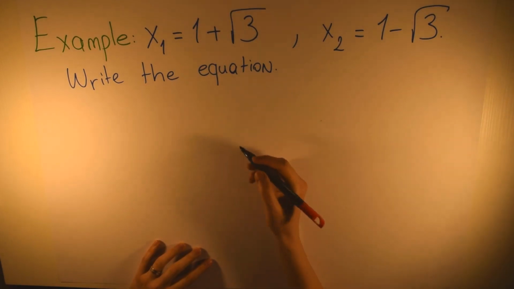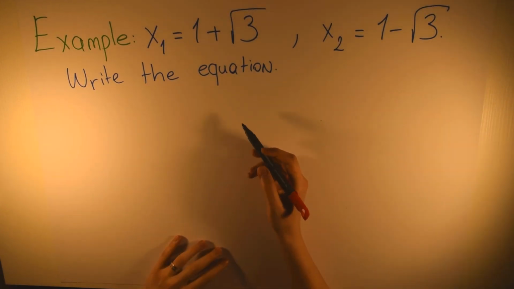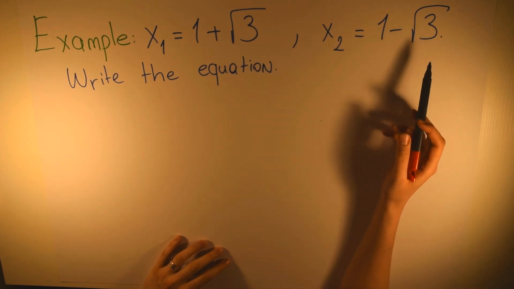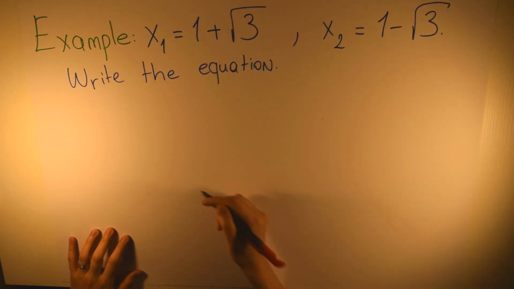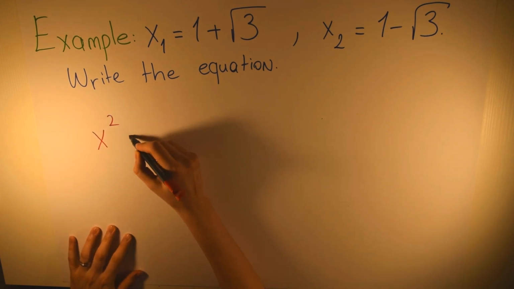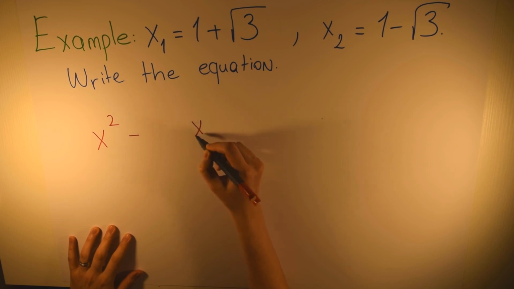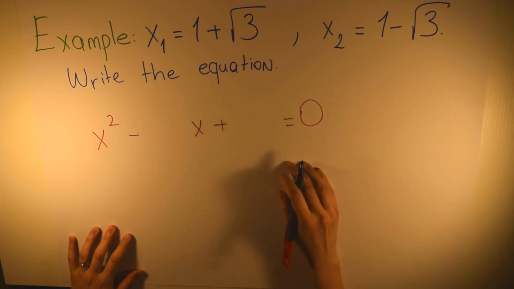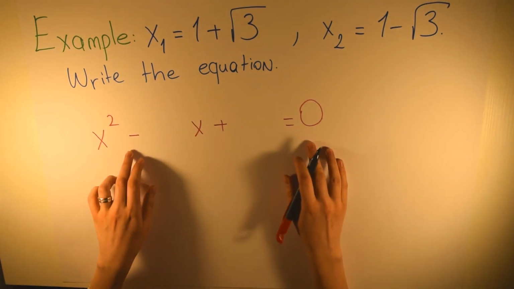In this example, the roots are given as 1 plus square root of 3 and 1 minus square root of 3. So here first what we do, we just write x squared minus something x plus something is equal to 0, right? So our equation will be something like this.